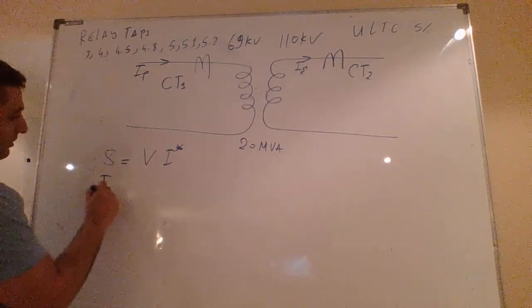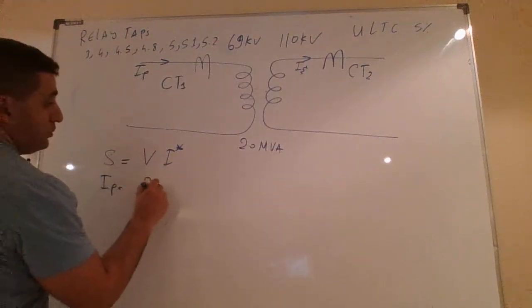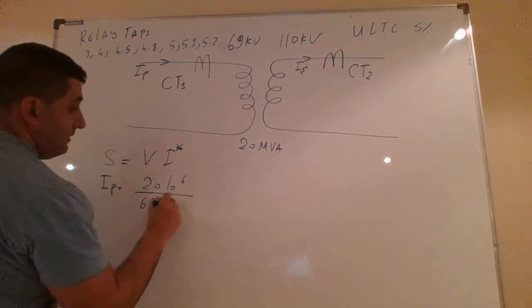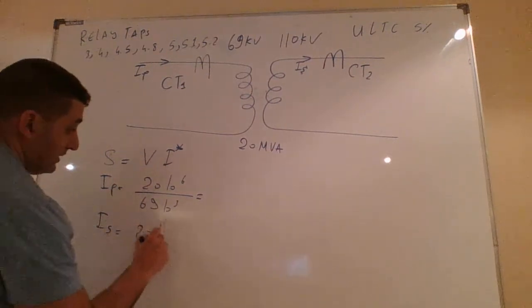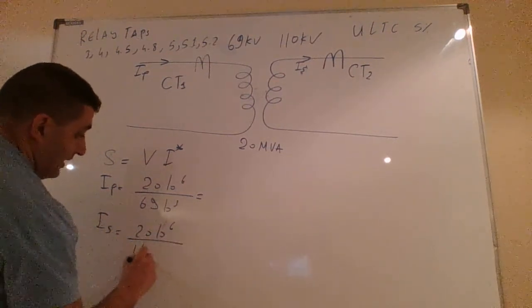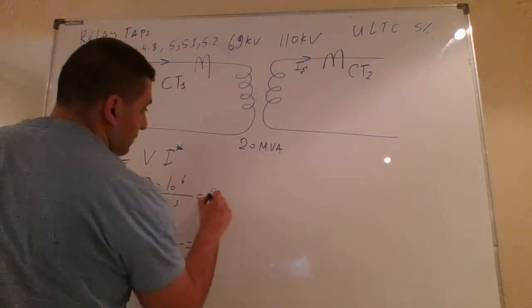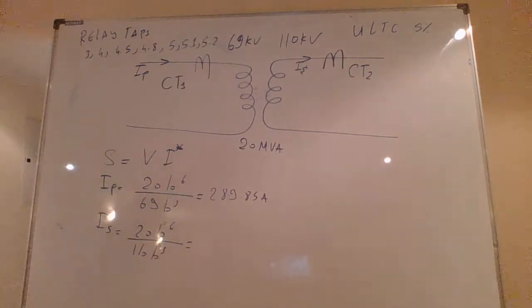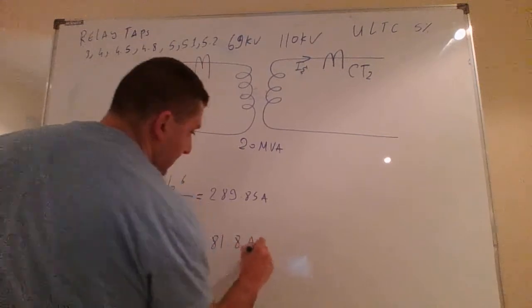So I primary will be equal to S, which is 20 times 10 to the 6 divided by 69 times 10 to the 3, and the secondary current will be 20 times 10 to the 6 divided by 110 times 10 to the 3. So the primary current will be 289.85 amps, and the secondary current will be 181.8 amps.